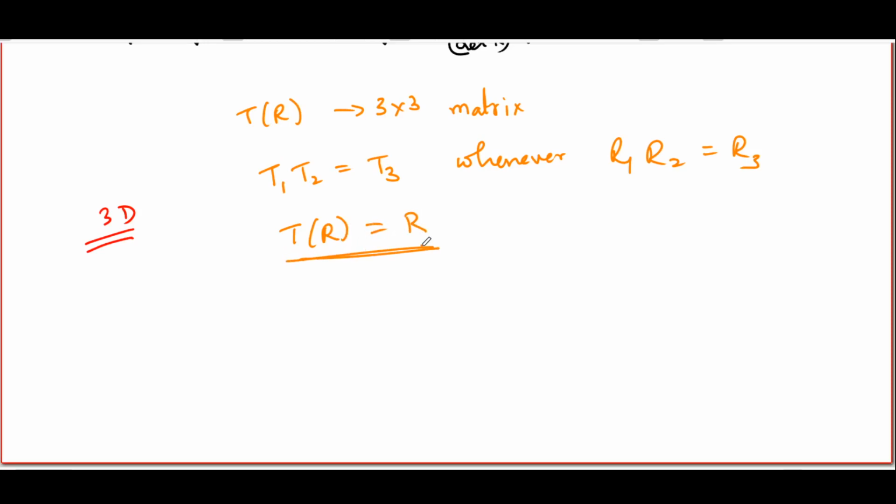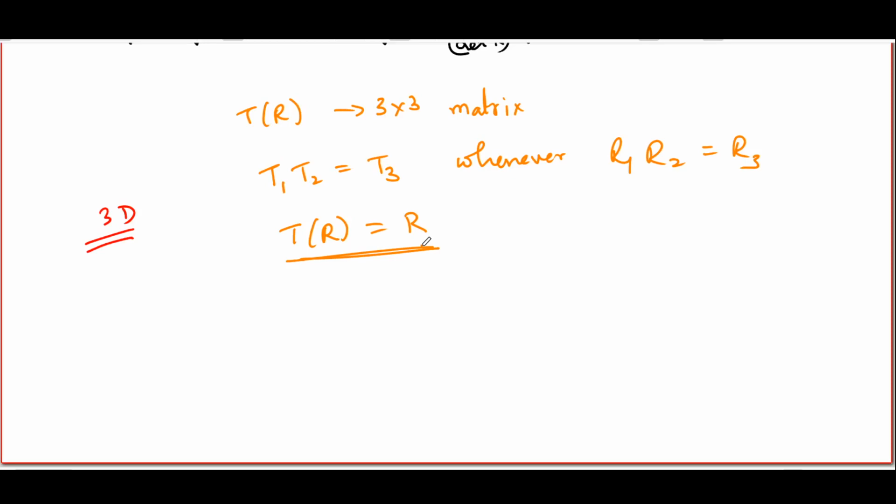Remember, T of R here is a 3x3 matrix, so is R, and all we are claiming is that this demand that T1 T2 equals T3 whenever R1 R2 equals R3 can be satisfied rather trivially by just taking T of R to be the same as R. So we expect there to be objects which can be described by 3 numbers, and the numbers will transform when you carry out a coordinate transformation exactly the same way that the coordinates do, because T of R, the matrix which describes this transformation, is the same as the coordinate transformation matrix R.